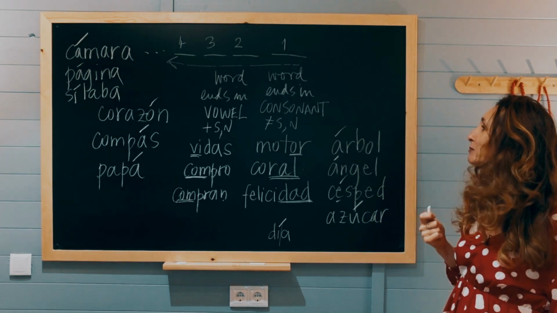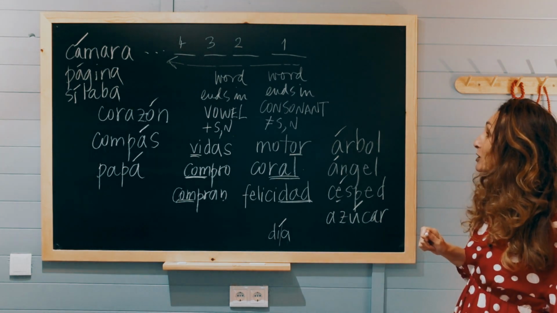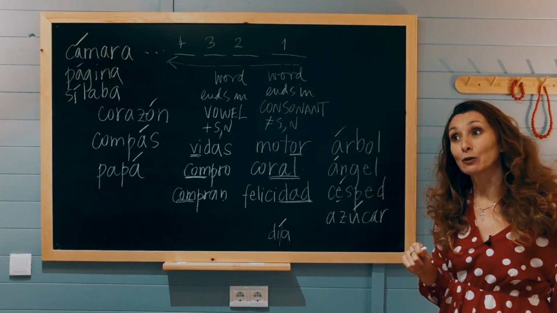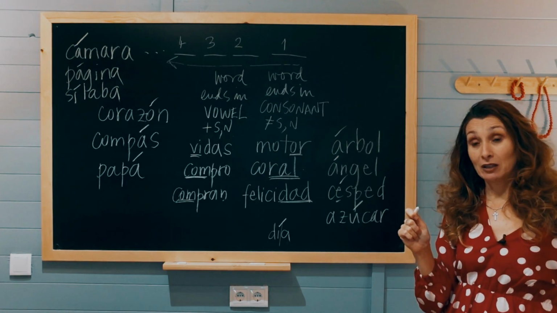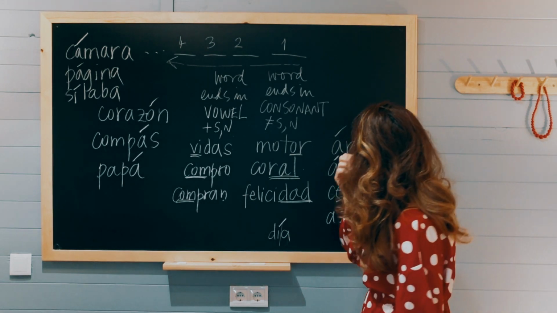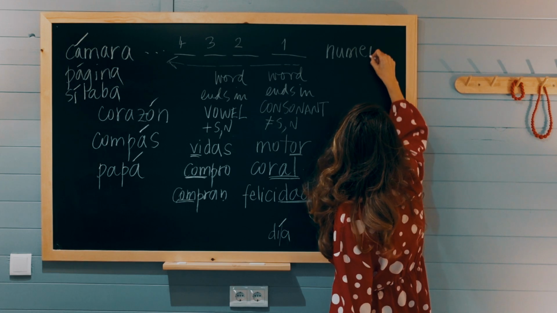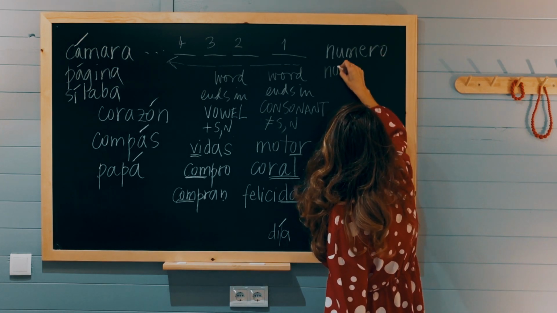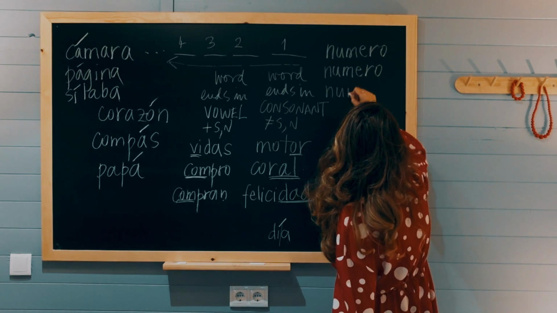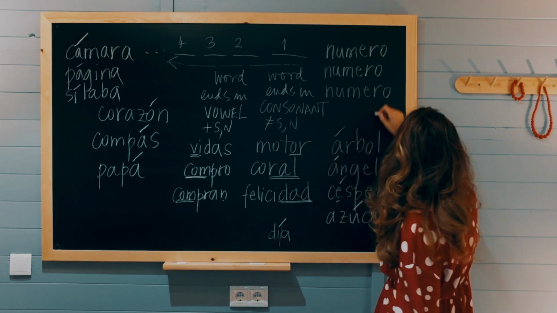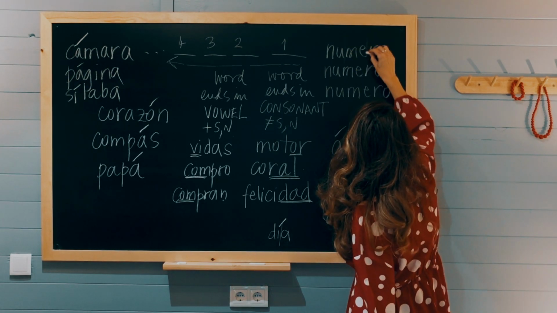Okay, and another thing, and then I'm really done for today, is also to point out that sometimes you will find words that are written the same. There are not that many, okay? So at first they look the same. We have a word with three syllables, nu, me, ro.